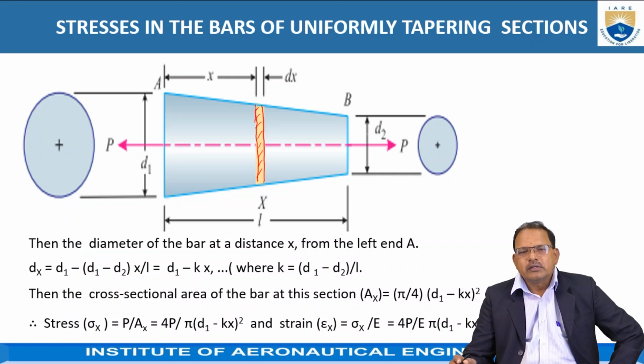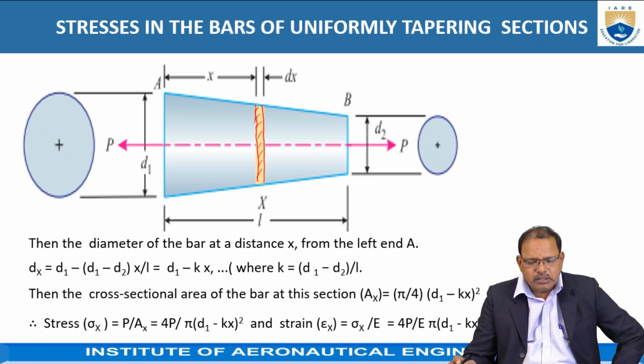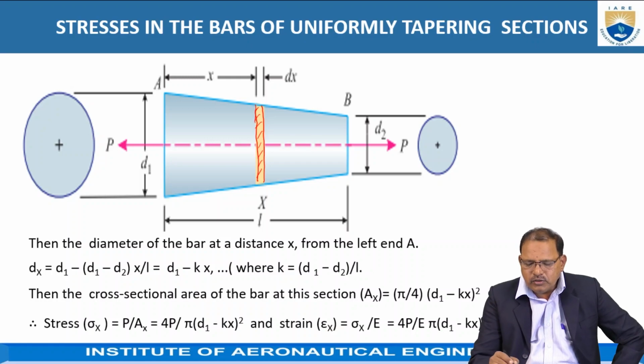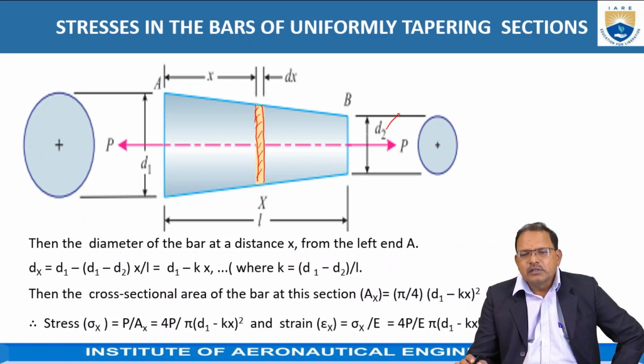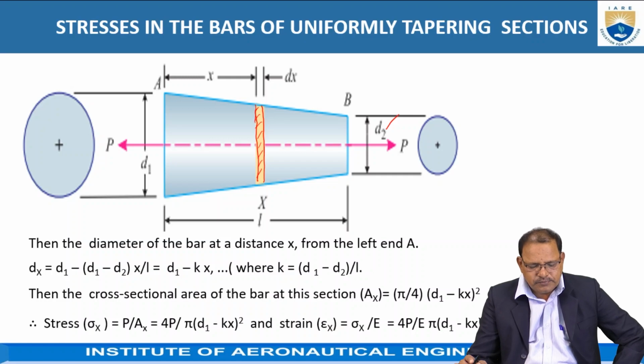The diameter is required. Here d1 represents the diameter at the bigger end, and d2 represents the diameter at the smaller end of the tapering section.